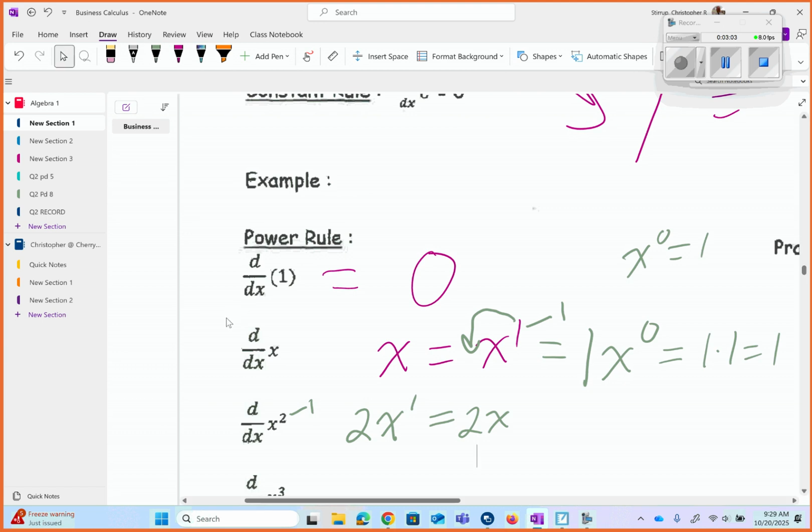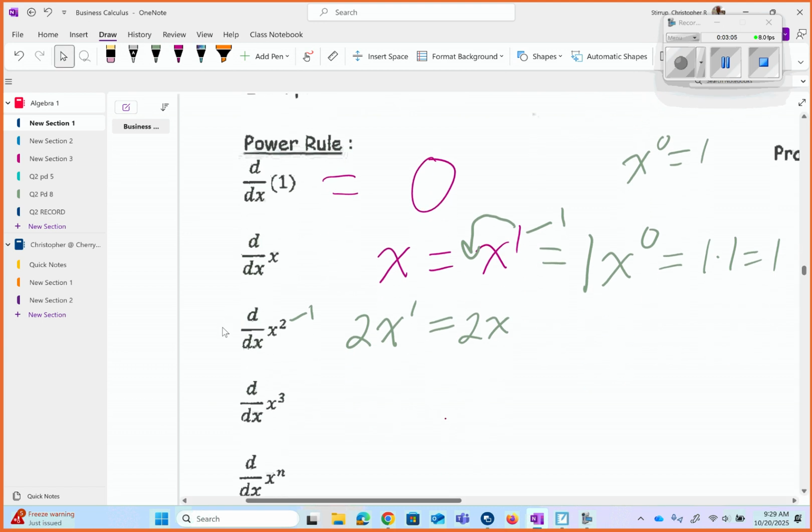Anyone lost? All right. What is the derivative of x to the third? What do you think? 3x squared. Perfect. Bring the exponent out front. If there's already a number there, you'd have to multiply it.